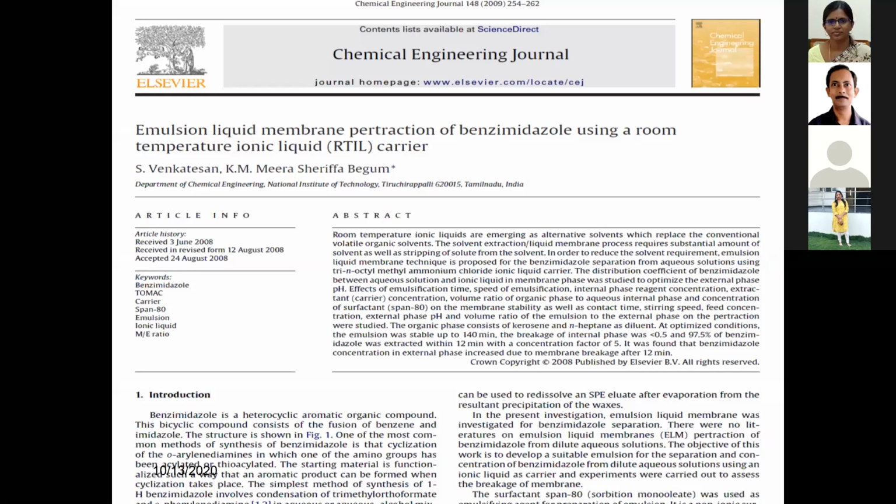We studied pH, treat ratio, stirring speed, contact time, membrane stability, and internal reagent concentration. You put some reagent into the internal phase, and that concentration we have varied and optimized. We also used a surfactant to form the emulsion, and that concentration was optimized too. We published this in Chemical Engineering Journal in 2009.